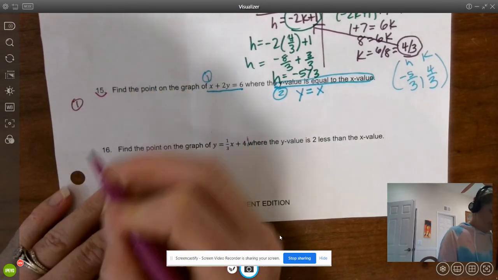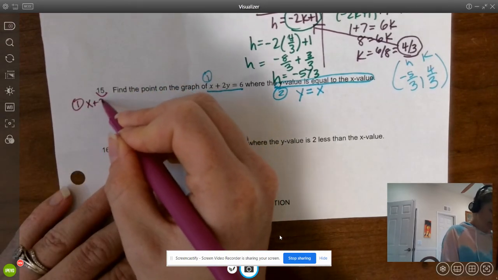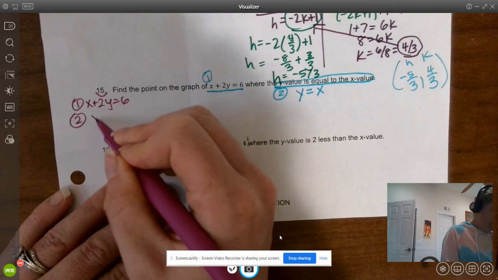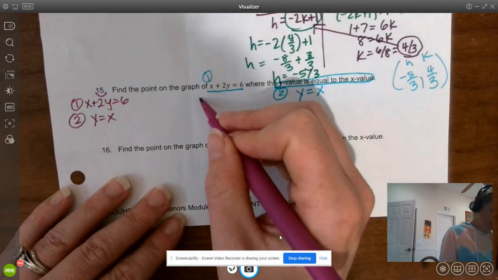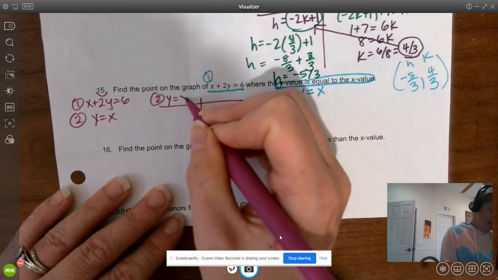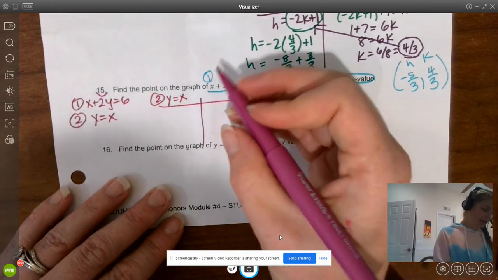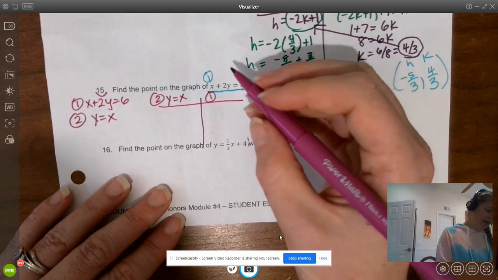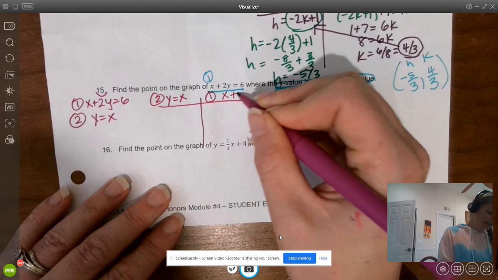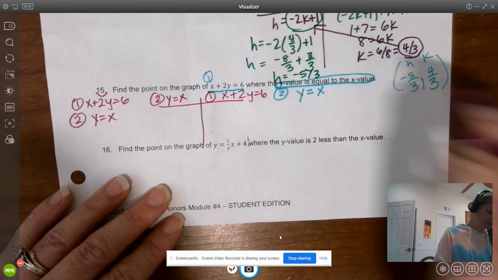So from here, I'm going to write my system. Equation 1 is x plus 2y is equal to 6. And equation 2 is y equals x. And we can just solve that using substitution. I'm going to write y equals x on first because the y value is already isolated. And equation 1 is x plus 2y equals 6.